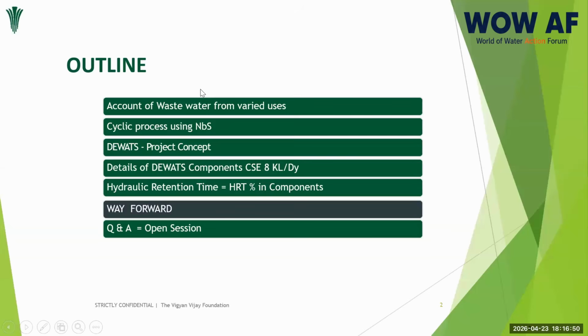Okay, sir. So this is the outline of my presentation: the basics of accounting for wastewater from varied uses. That is very, very important, and this will be a cyclic process. That means we'll have pure water coming into the campus.